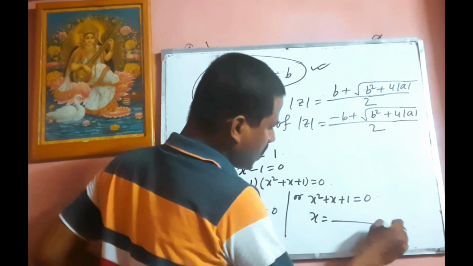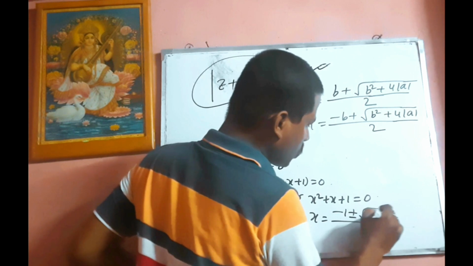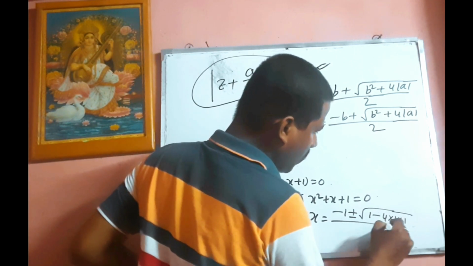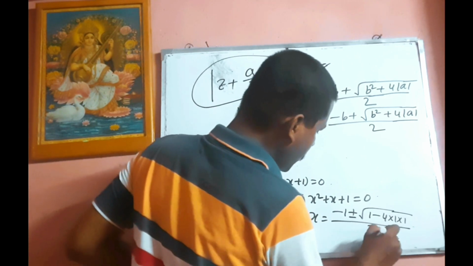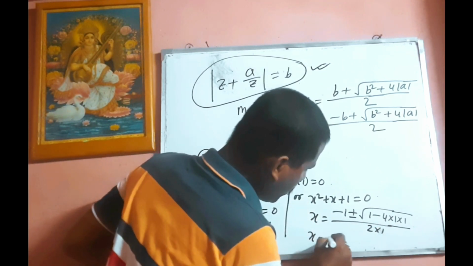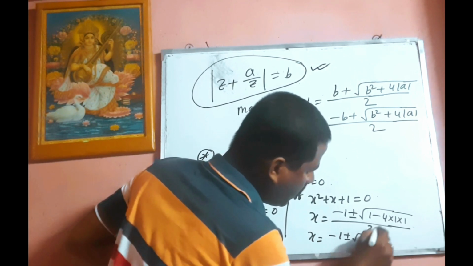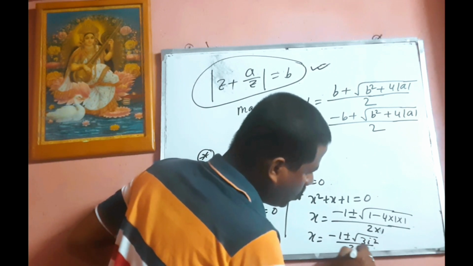Then by the quadratic formula we get minus b plus minus root under b square minus 4ac divided by 2a, that is 2 into 1. After calculating we get minus 1 plus minus root under 3i square divided by 2.